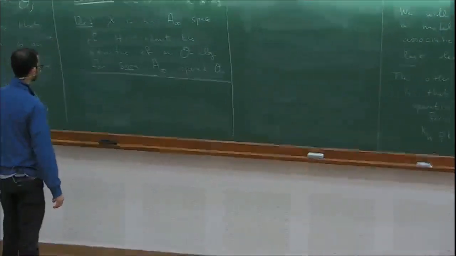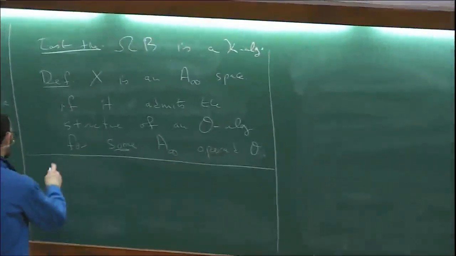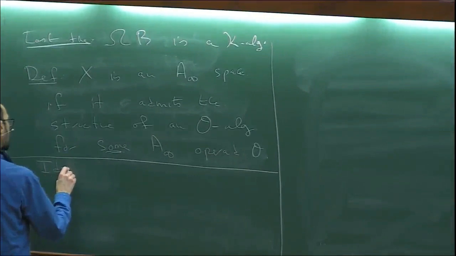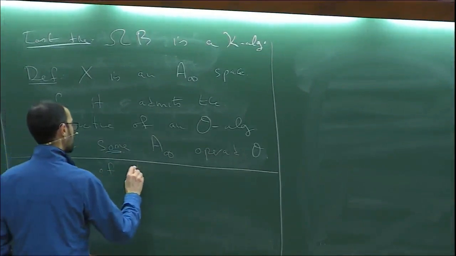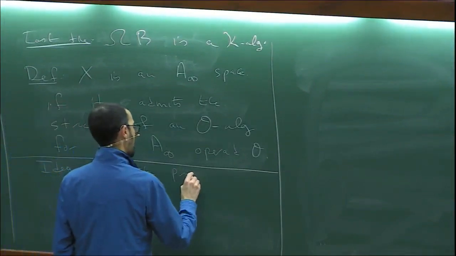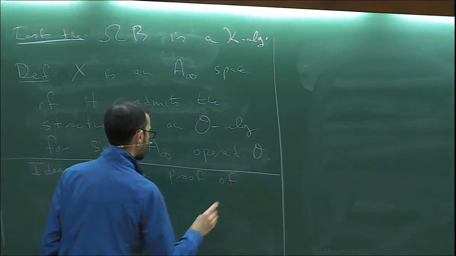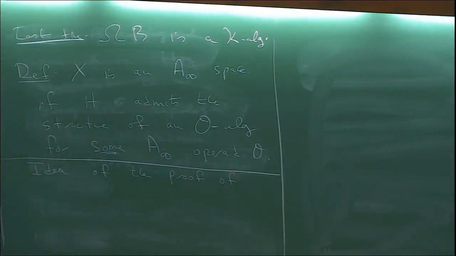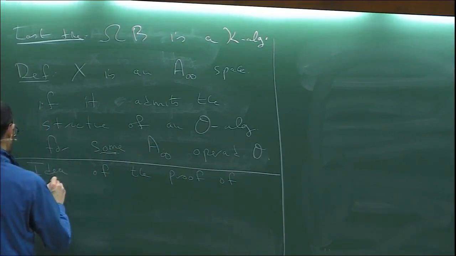So I just want to give the idea of the proof of this result that I mentioned at the beginning, maybe you could call it the recognition principle or the delooping theorem, or whatever you want to call it.